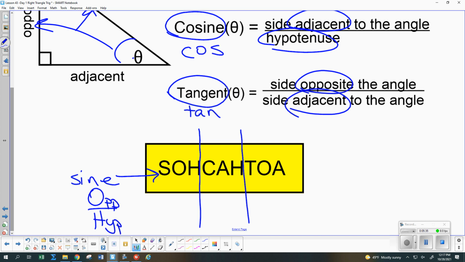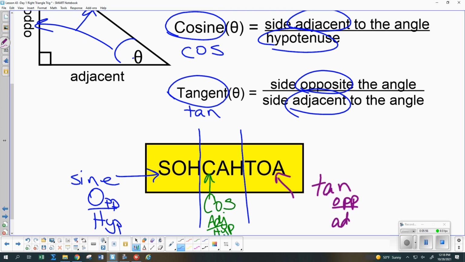The middle part starts with C, so that helps us remember that the cosine is always the adjacent over the hypotenuse. And the last one starts with a T, so that helps us remember that the tangent is always the opposite over adjacent. And no matter how big or small the similar triangle is, if I've got 30 degrees, the sine will always be a half.